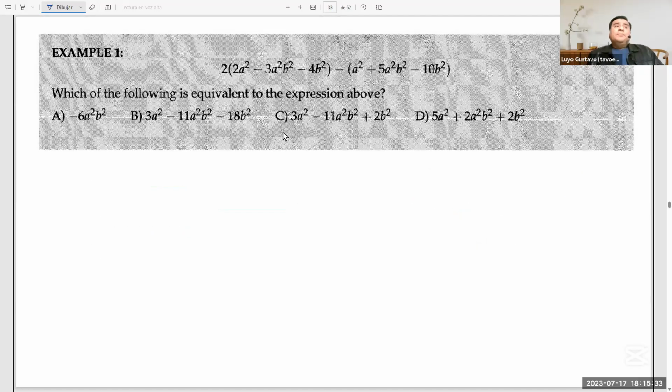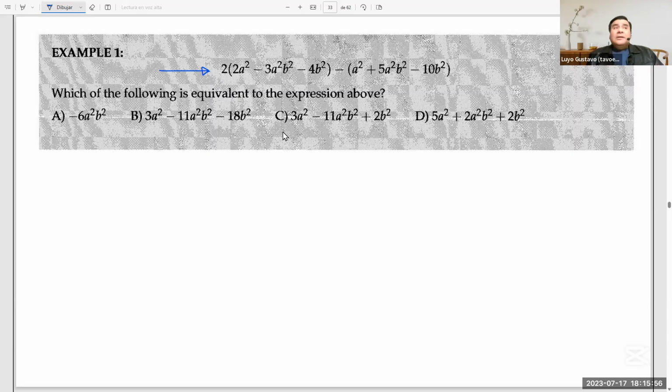For example, we have this long algebraic sequence, right? 2 times (2a squared minus 3a squared times b squared) minus 4 times (b squared minus a squared) plus 5a squared b squared minus 10b squared. Which of the following is equivalent to the expression above?